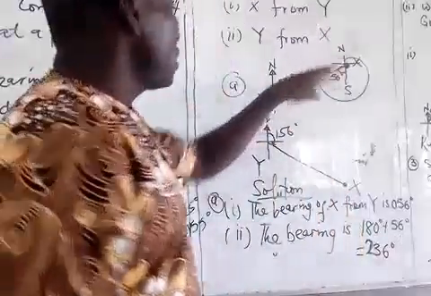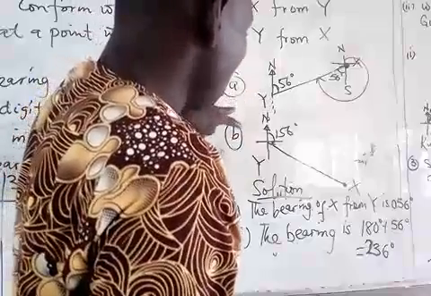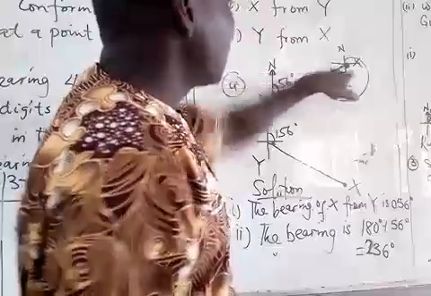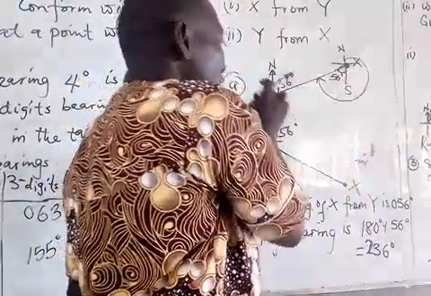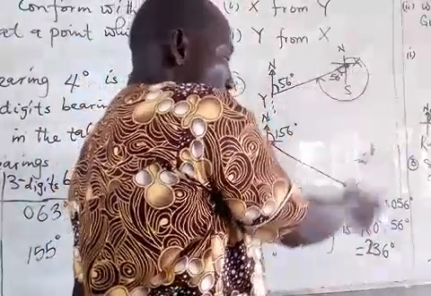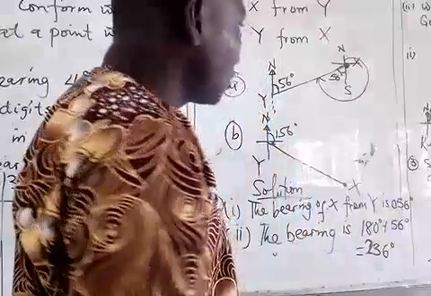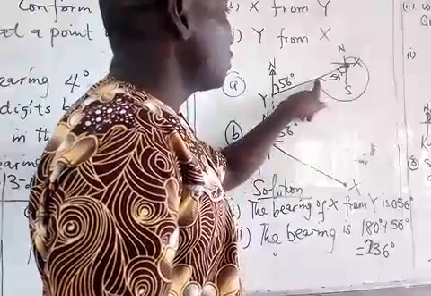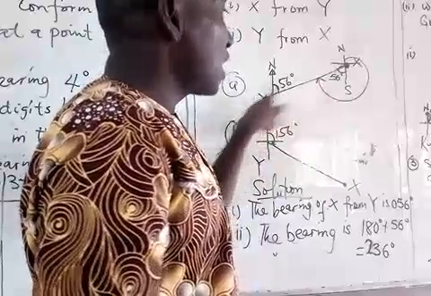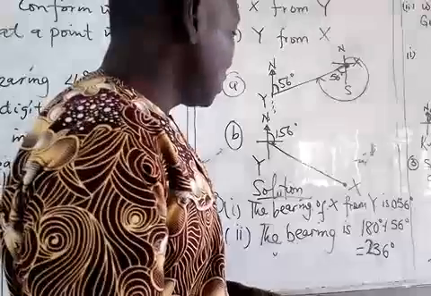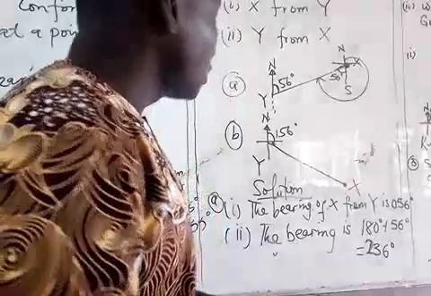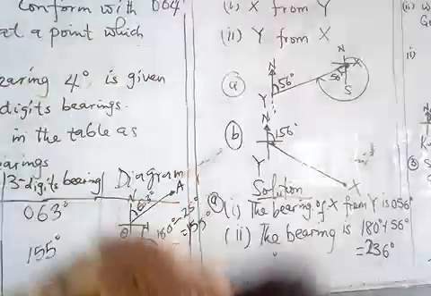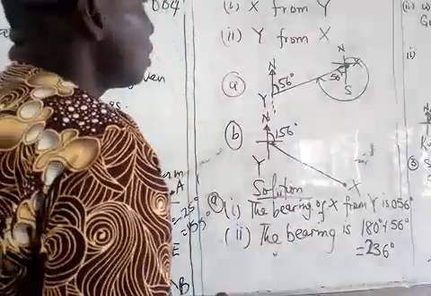So the bearing of y from x is 236 degrees, because turning from the north direction before you get to this point, you see y at 236 degrees.